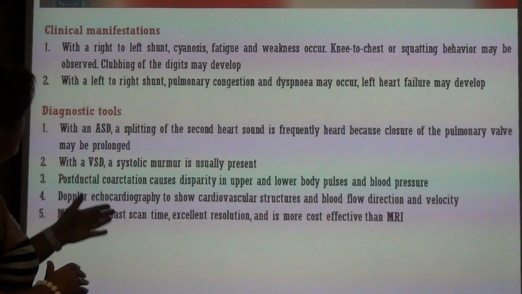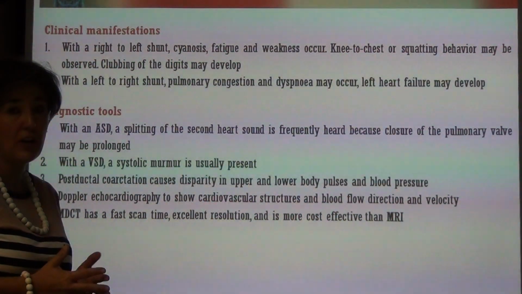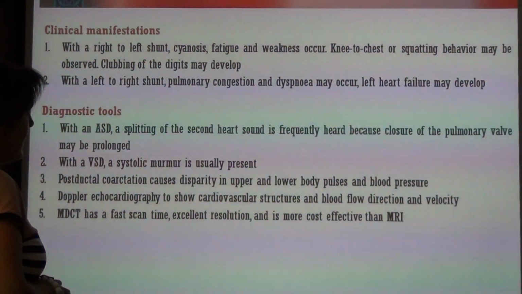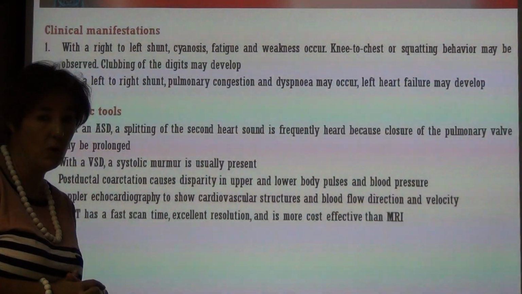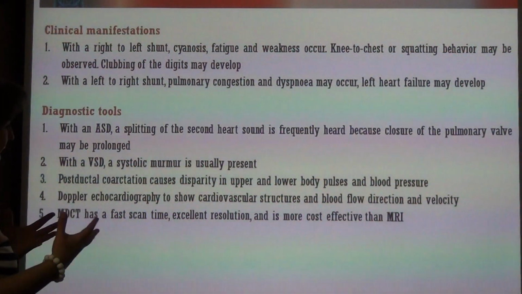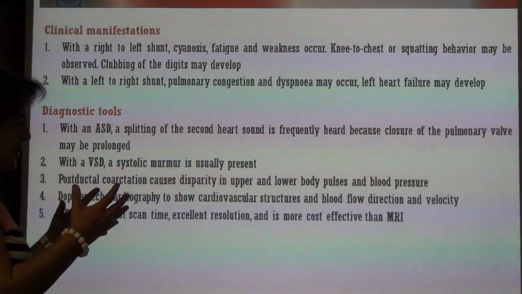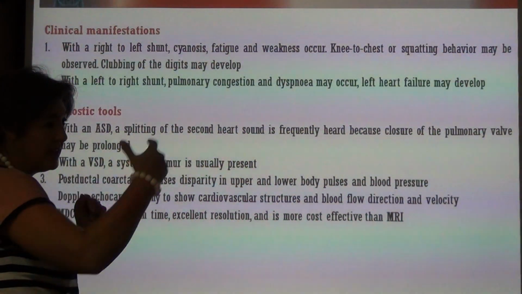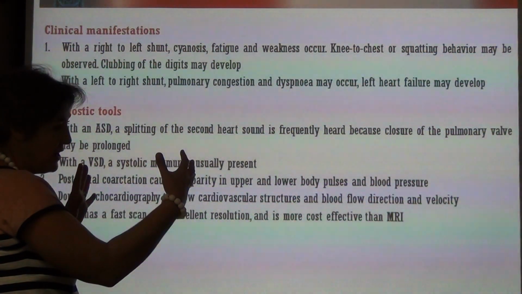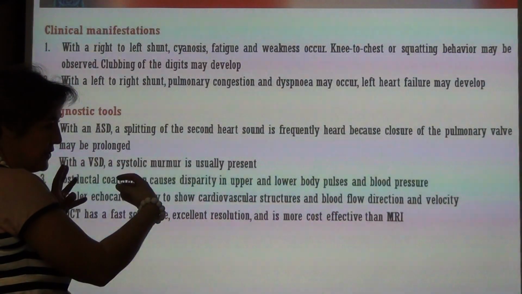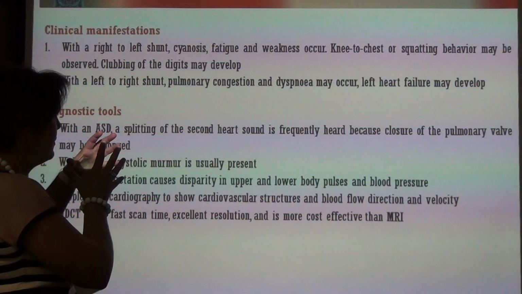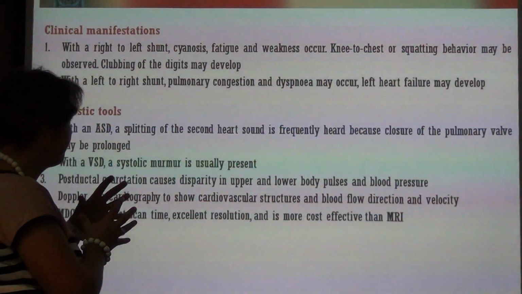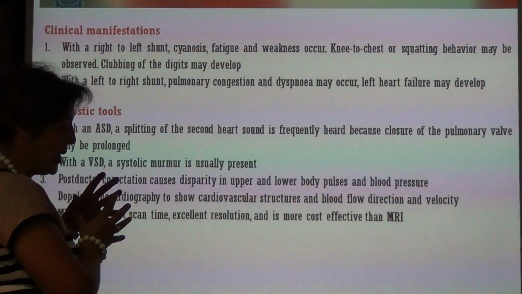Okay, with the left to right shunt, you can have pulmonary congestion and dyspnea, and left heart failure can also occur. Now, why is that? Because remember I told you, with the left to right shunt, the blood from the left hand side of the heart is being shunted through the hole and being delivered to the right heart of your patient.